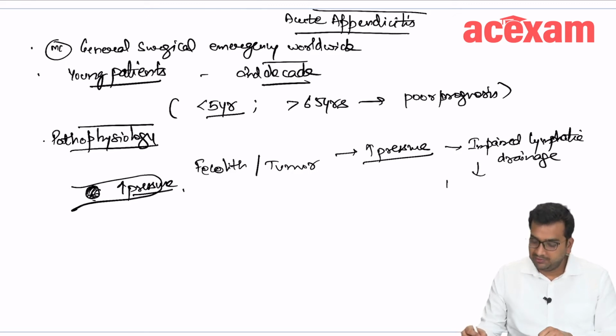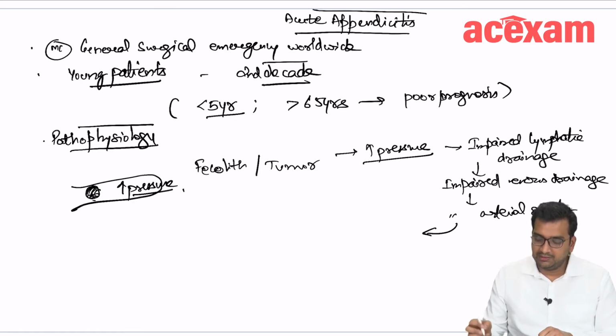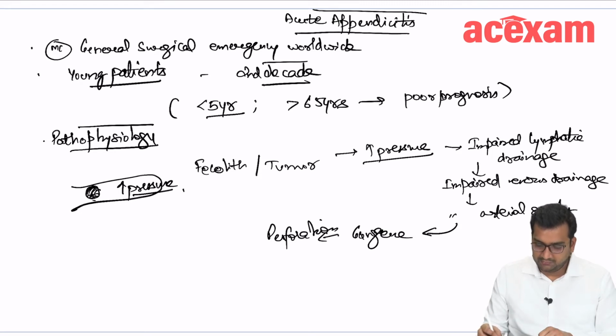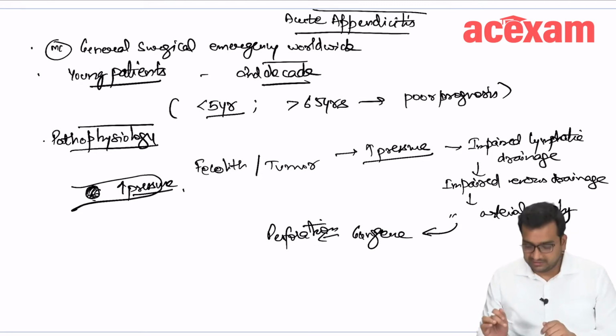Then there will be impaired venous drainage, which will lead to more edema and ischemia, and there will be impaired arterial supply, which finally leads to gangrene, which finally leads to perforation.